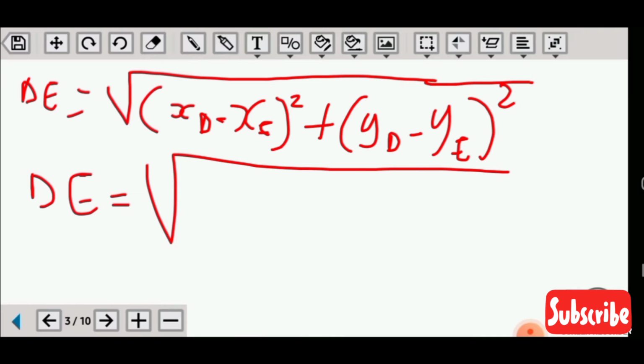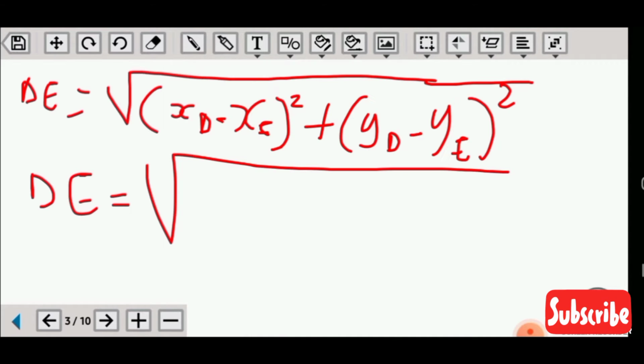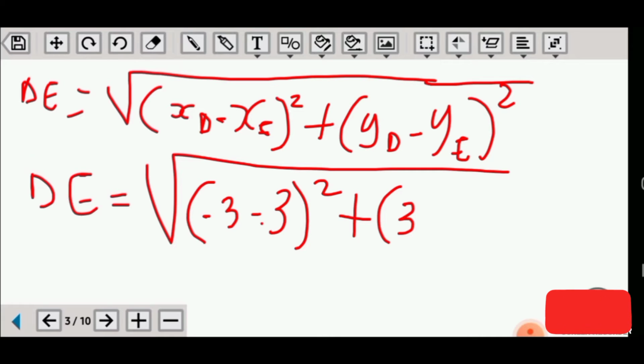XD is -3 and XE is 3, and YD is 3 and YE is -5. So let's substitute these numbers. XD is -3 and XE is 3, squared, plus YD is 3 and YE is -5.